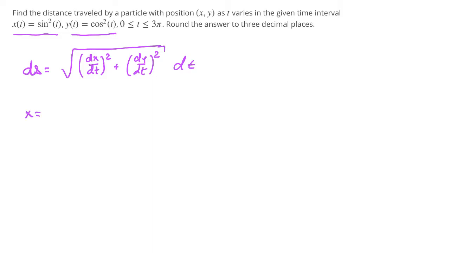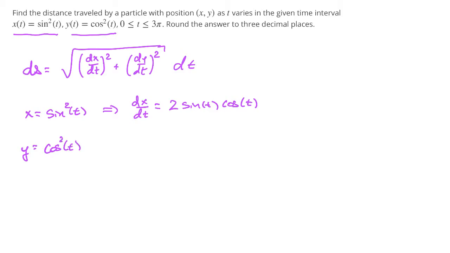So if x is given by sine squared of t, then we have for dx/dt 2 sine of t cosine of t. Likewise, for y being cosine squared, we're going to have dy/dt equal to negative 2 cosine of t sine of t.